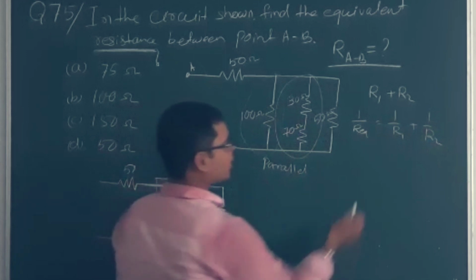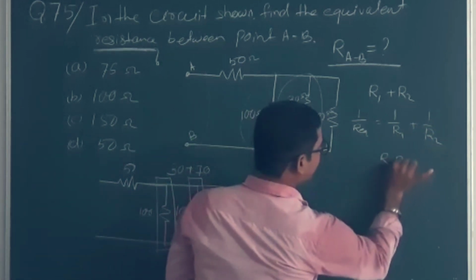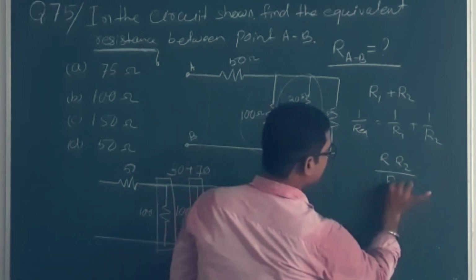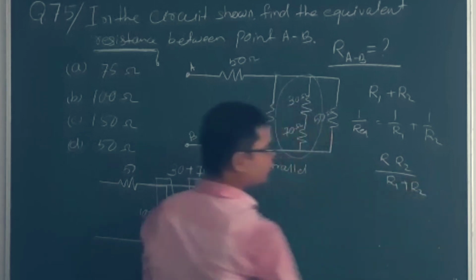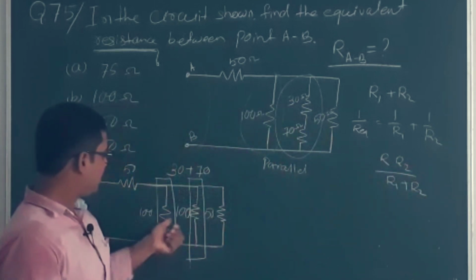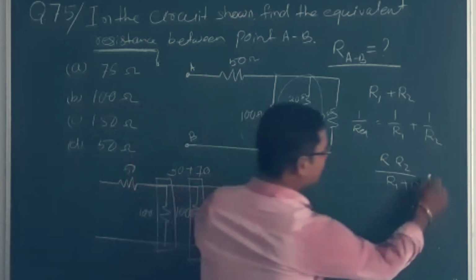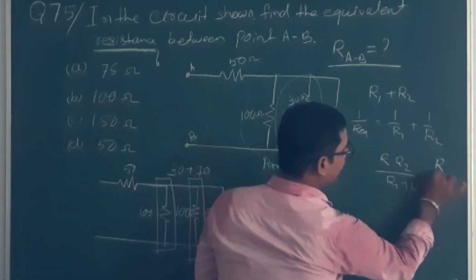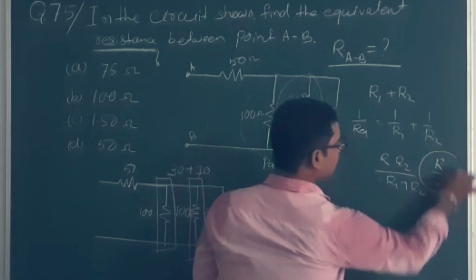Solving this, you get R1 into R2 divided by R1 plus R2. And if R1 and R2 are the same, then your equivalent resistance will be R by 2.